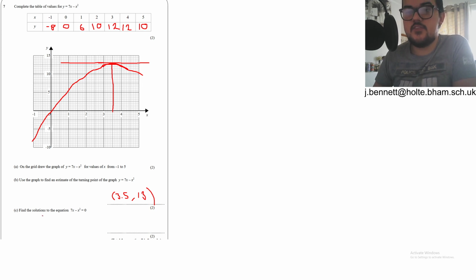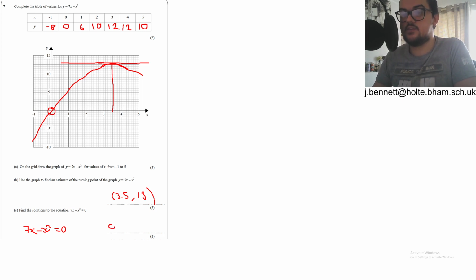Okay, now it says find the solutions to the equation 7x minus x squared equals 0. Okay, so we want numbers that multiply to get 7x minus x squared equals 0. We have our first one, which is here, because this is where it crosses the y equals 0 line.